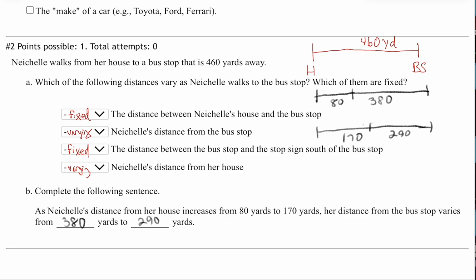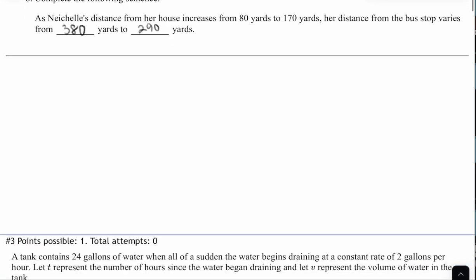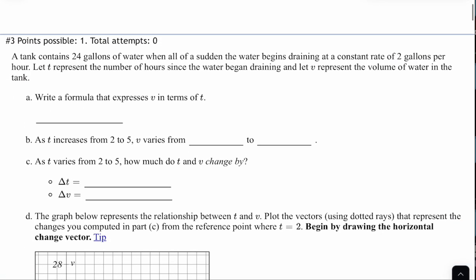So we can see that as her distance from her house increases, the distance from the bus stop decreases. So that is a little bit about that question. Let's go to this next one. Now I'm going to start at the top and then we'll work our way to the graph, okay?